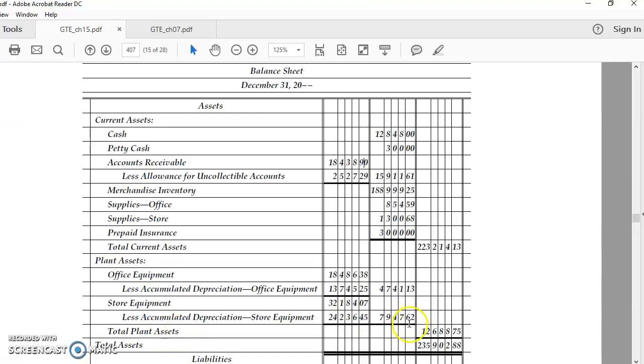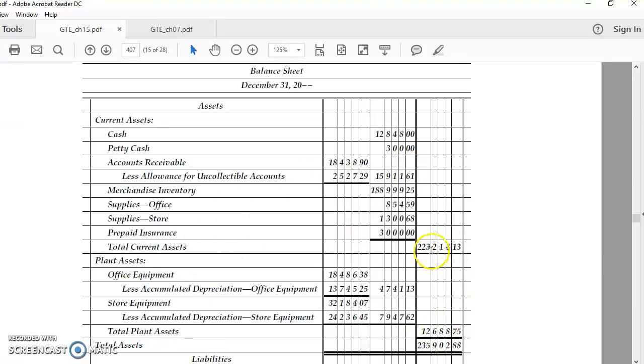Our total plant assets is going to be this total store equipment, this total office equipment, add them together to get this $12,000 total. Then we're going to place a mathematical line to get our total assets, which is our main goal in this whole section of the balance sheet.